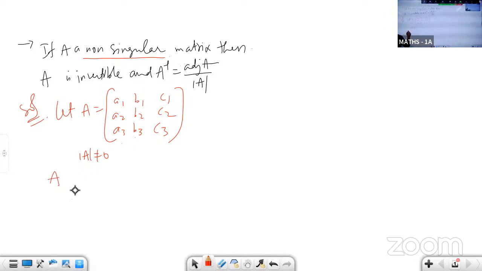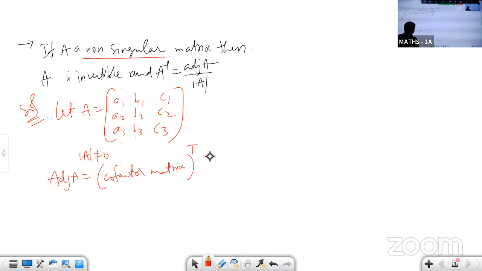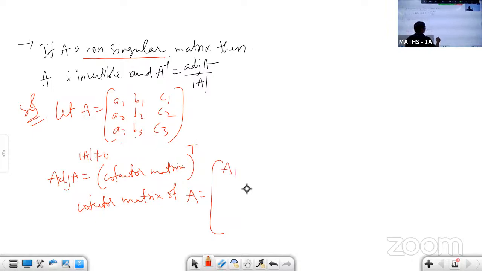Now I am going to find adjoint of A. What is adjoint of A? Cofactor matrix whole transpose. So let us go for the first. What is a cofactor? Cofactor matrix of A means for small a1, let the cofactor be capital A1, and for small b1, let it be B1 and C1. Is it clear? Cofactor of small a1: what is the cofactor of a1?